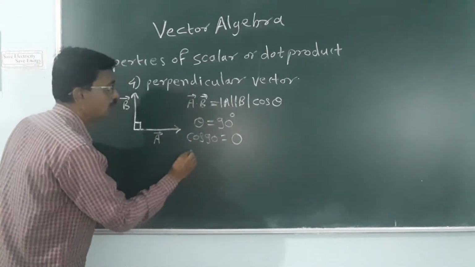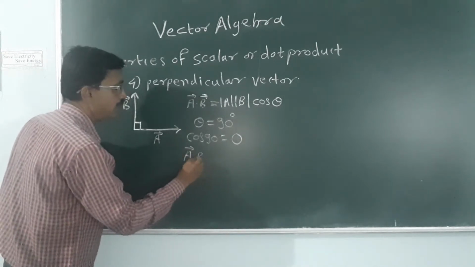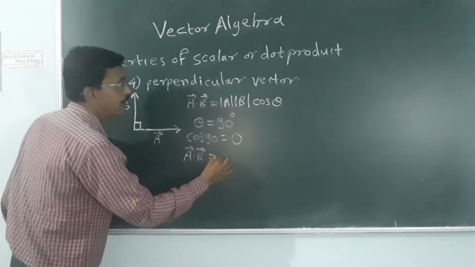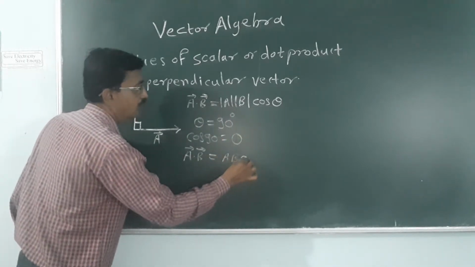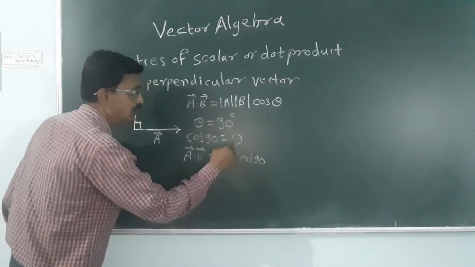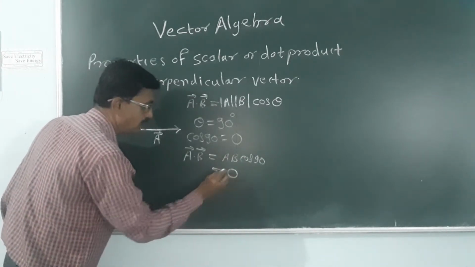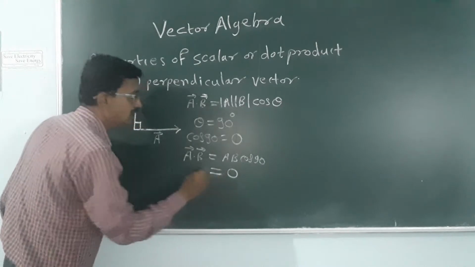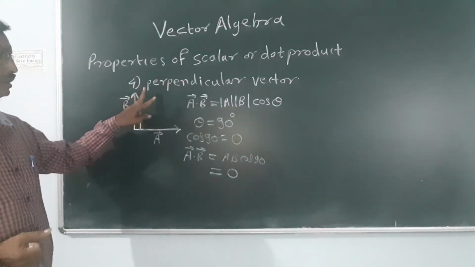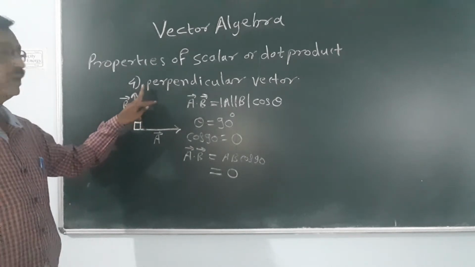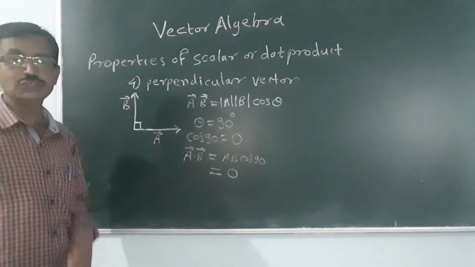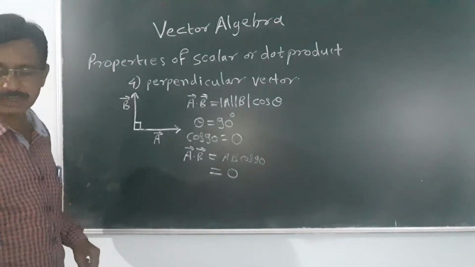So A dot B becomes AB cos 90, and cos 90 is 0, therefore the total value is 0. So this is the property that whenever two vectors are perpendicular to each other, the result is 0. This is the fourth property.